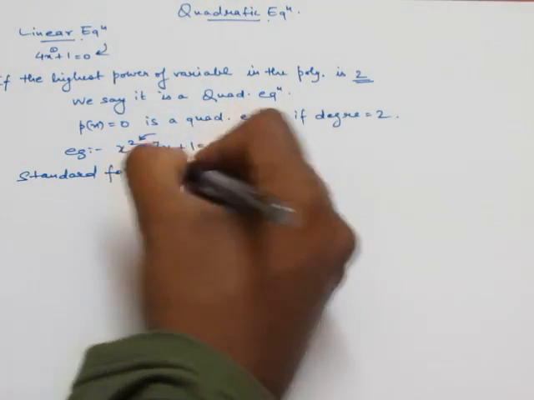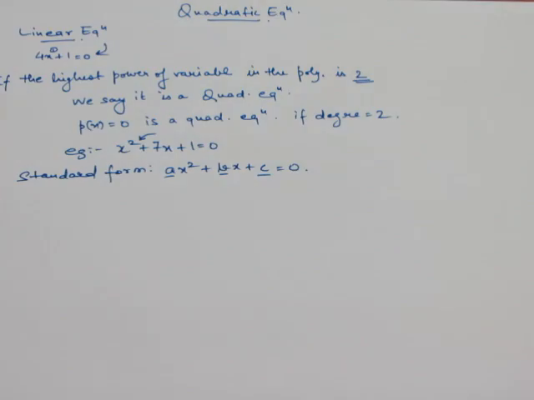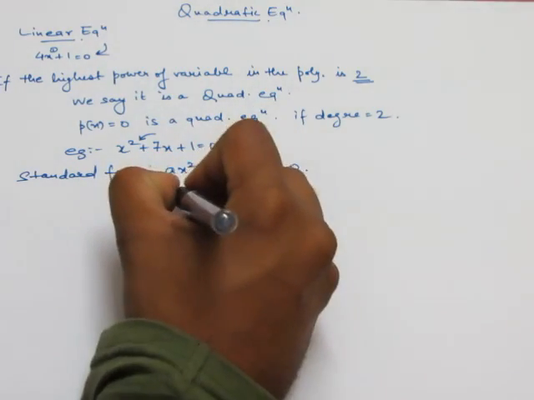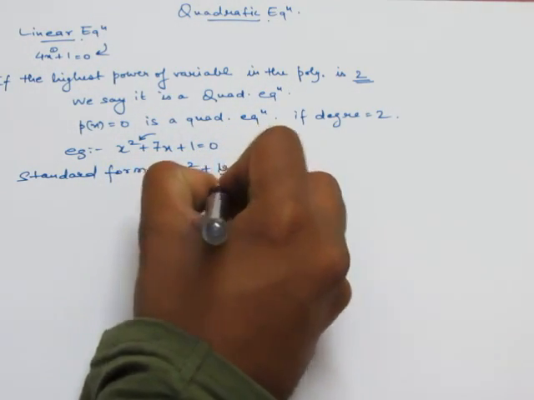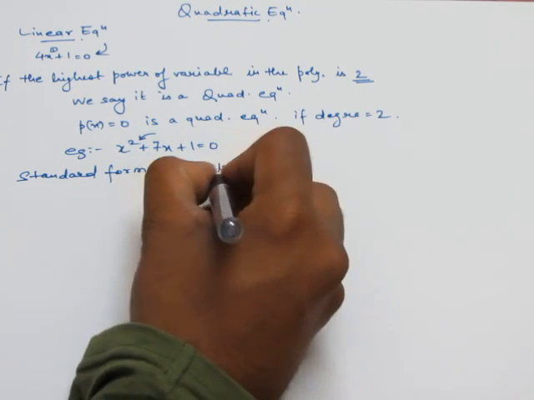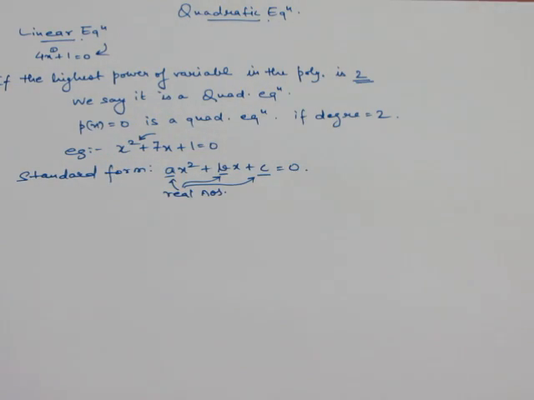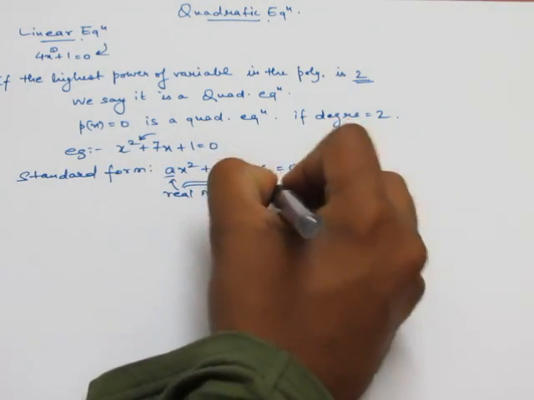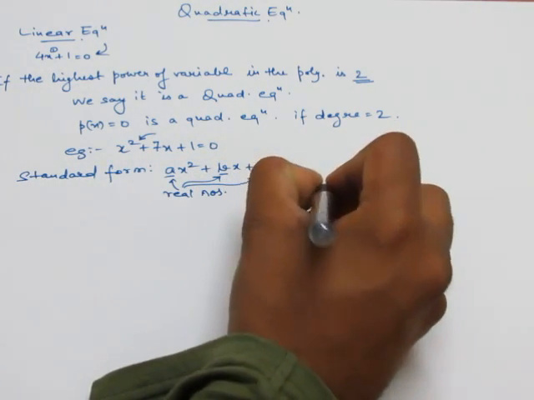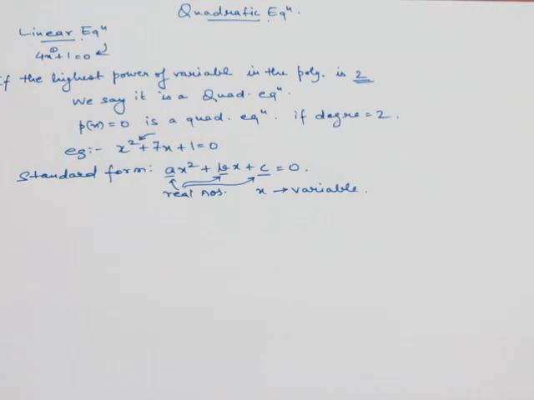Where a, b and c, these are what? Real numbers. A, b and c. And x is a variable. This much is clear?